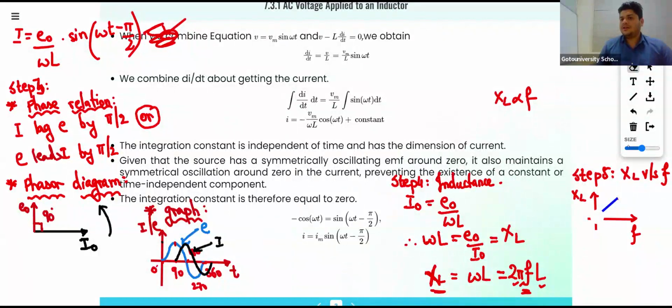This straight line represents that frequency is directly proportional to inductive reactance.